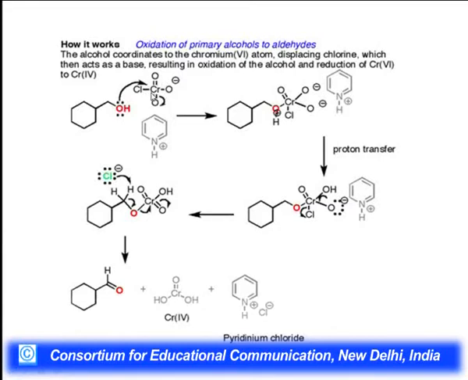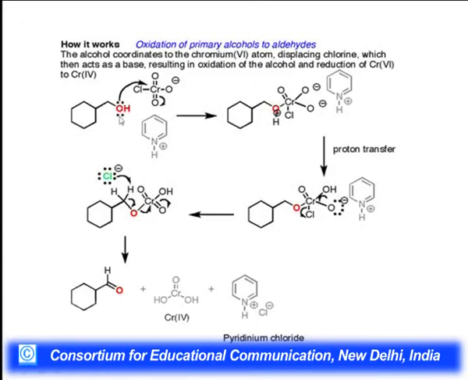So it is an electrophilic center, whereas the lone pair of electrons on oxygen acts here as a nucleophile. So what are we going to do here? Please remember, the basic aim here is to introduce a good leaving group, and then when this good leaving group departs, this molecule can be converted into an aldehyde.